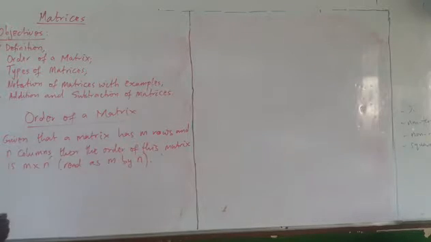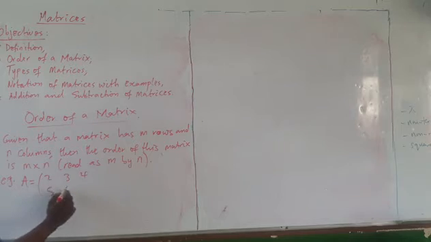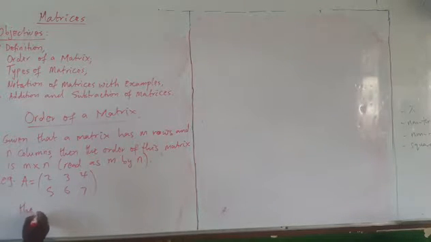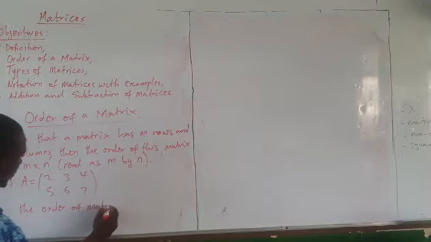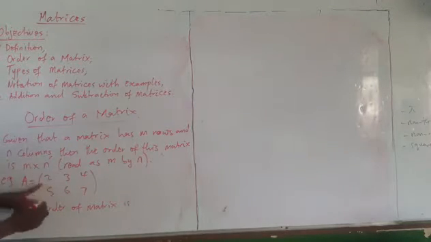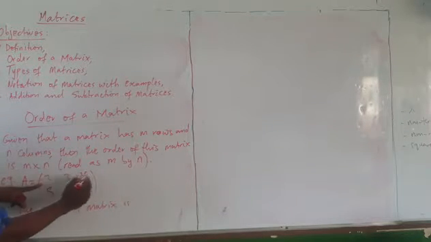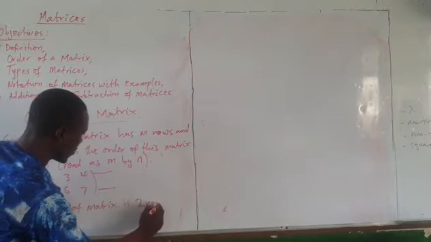For example, if you have matrix A, which is 2, 3, 4, 5, 6, 7, the order of matrix A starts with the number of rows. How many rows do we have? Here is the first row, here is the second row, that is 2 rows.